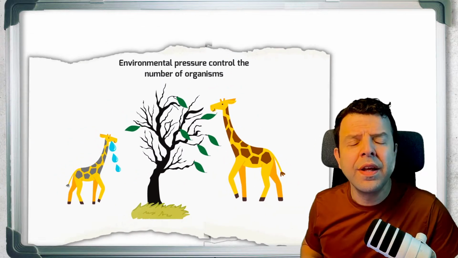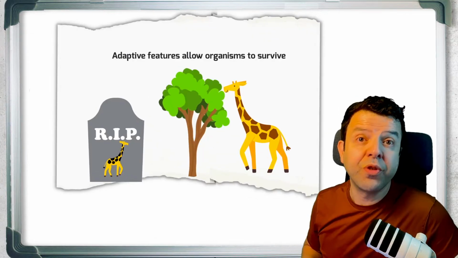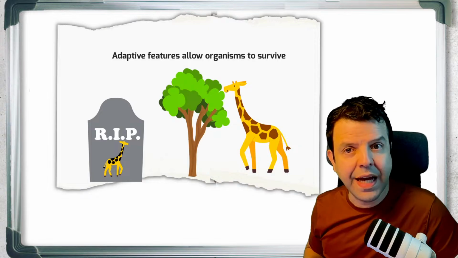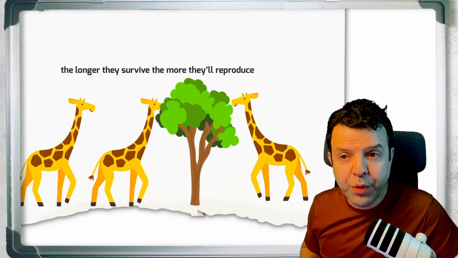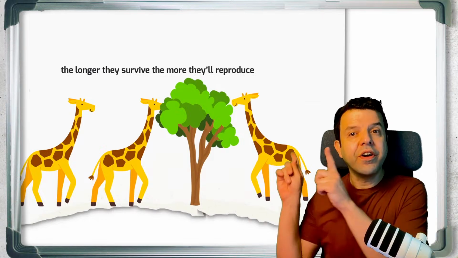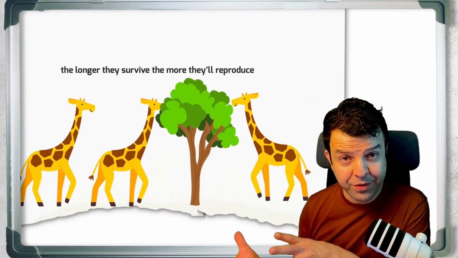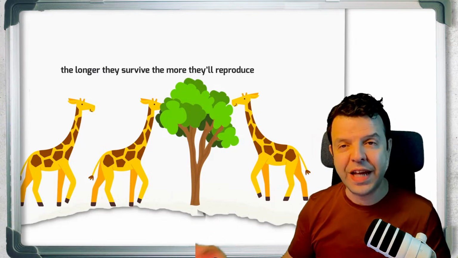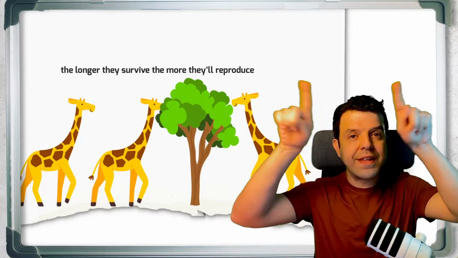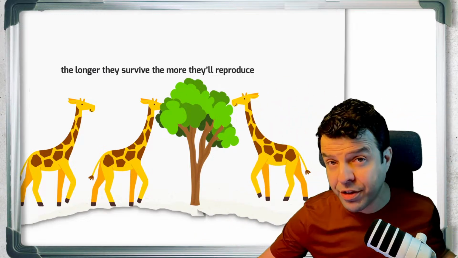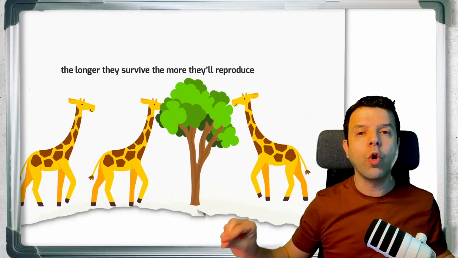Following this, the better adapted survives and the less adapted will die out. And those who survive, they will reproduce, and their offspring, their babies, will inherit this advantageous feature. With time, you'll find that the entire population is now better adapted, and that's what we call evolution.